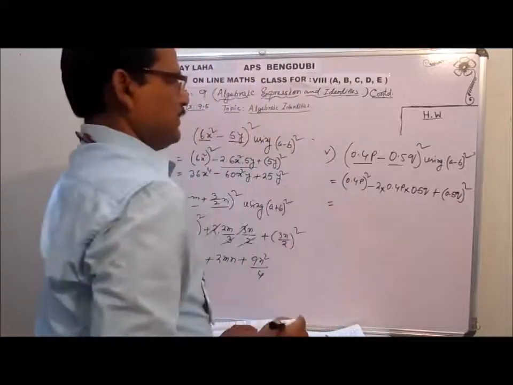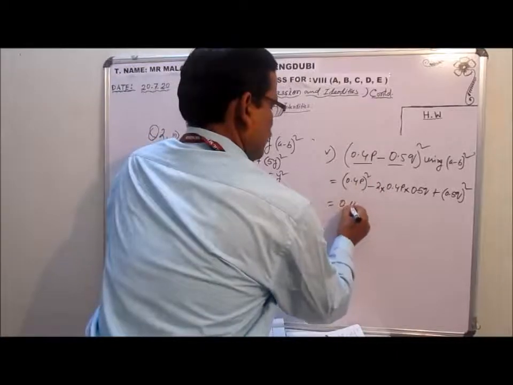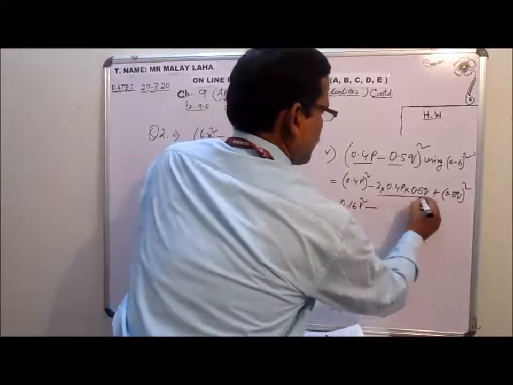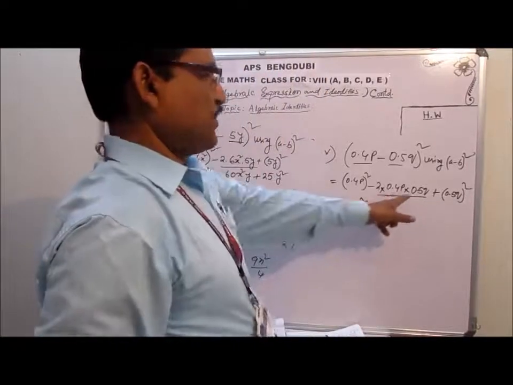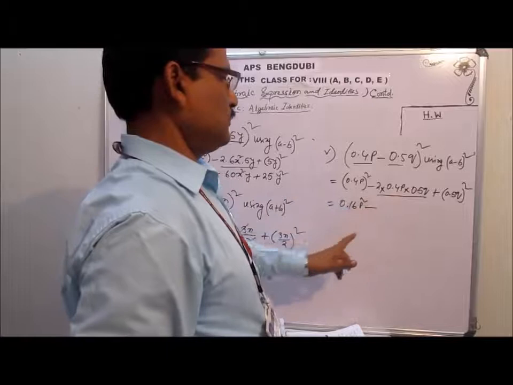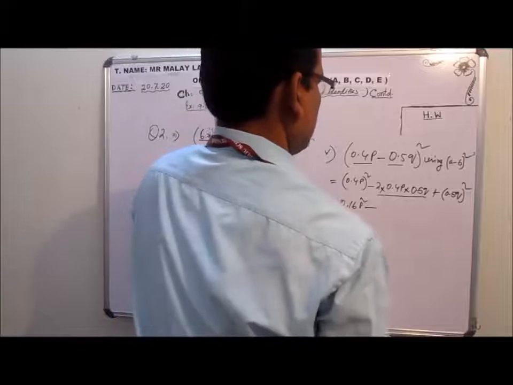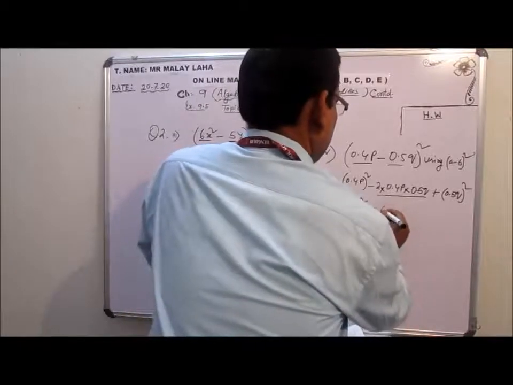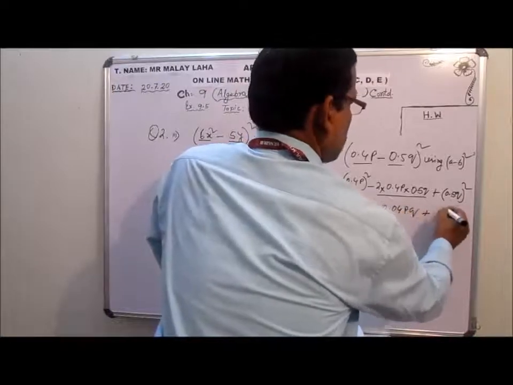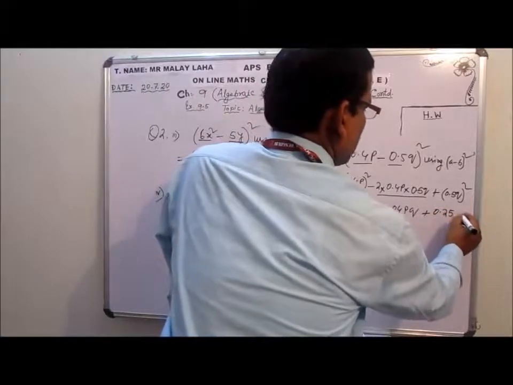What is the result coming here? If I find the square of 16, so 0.16 p square, minus, what is the product of these? 5 4s are 20, that is 0.20 into 2, 0.40, so 0.40 pq, plus 5 5s are 25, 0.25 q square.